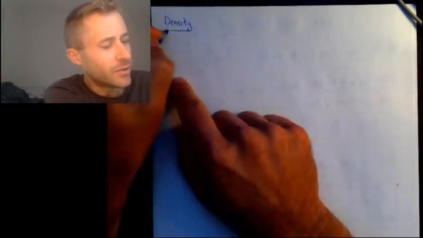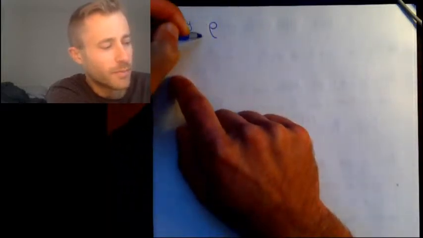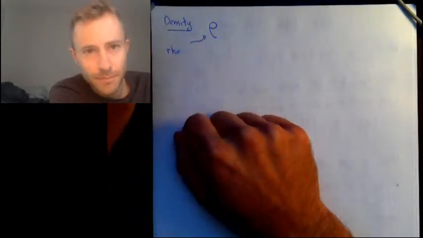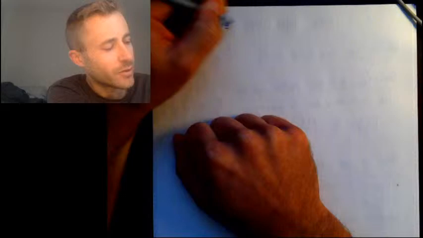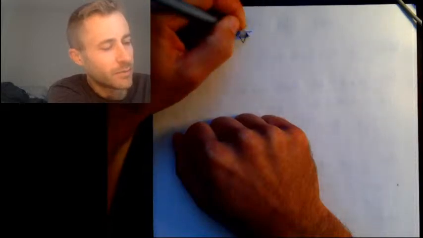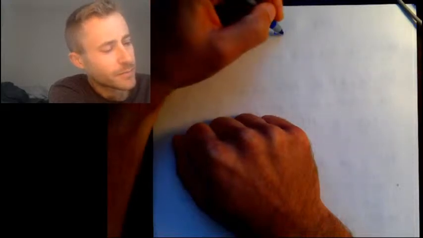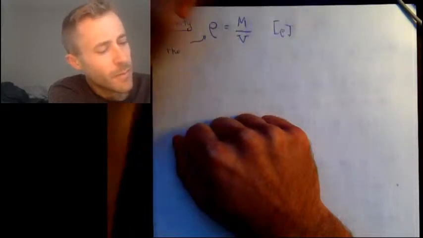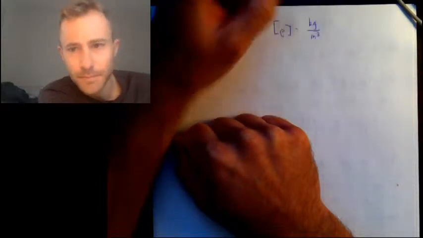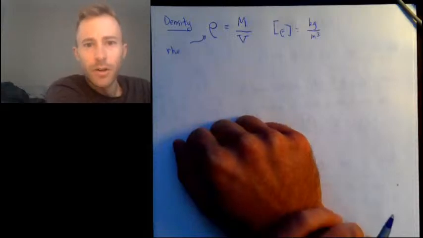Density is typically denoted in physics by the Greek letter rho, R-H-O, kind of looks like a P. And density is mass divided by volume, okay? Units of density are kilograms per cubic meter. All right, kilograms per cubic meter.